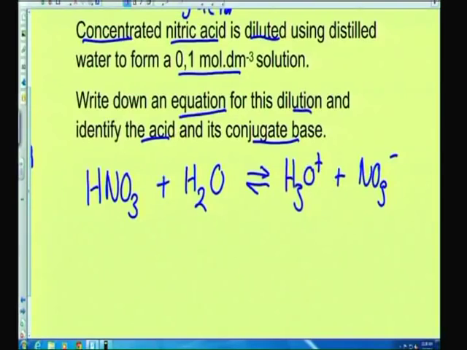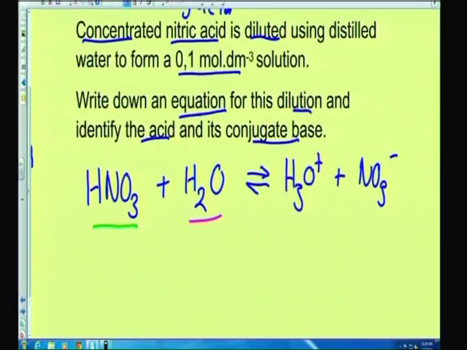Now, be very clear. What is the acid? On the left-hand side you've got two substances: water and your nitric acid, the HNO3 molecule. Which one is acting as an acid? Remember what we said. An acid will donate a hydrogen ion.